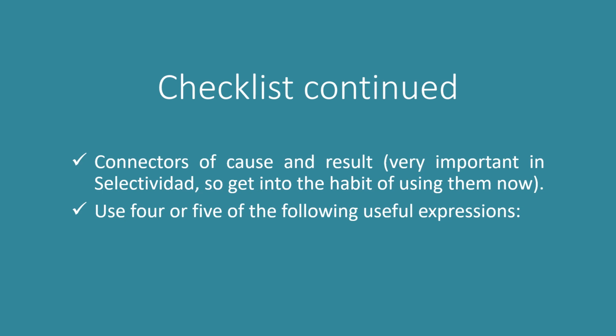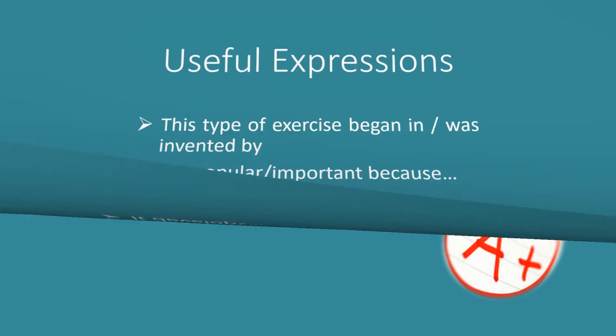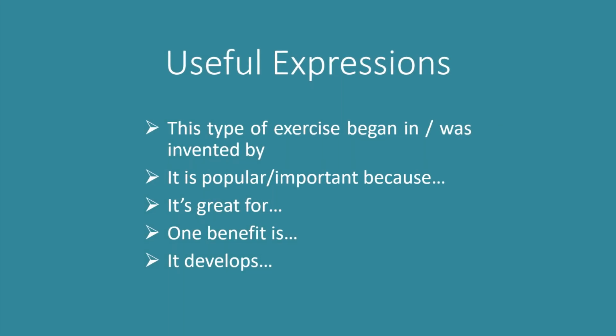Also use four or five of the following useful expressions. The language you use, good expressions that come from the book, will always get you higher marks in your writing assignments and your exams.